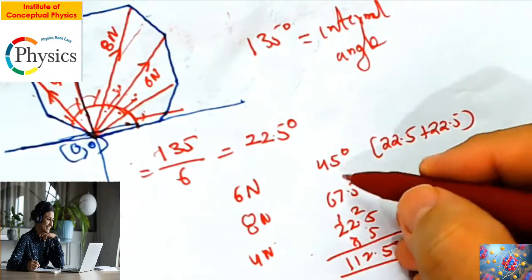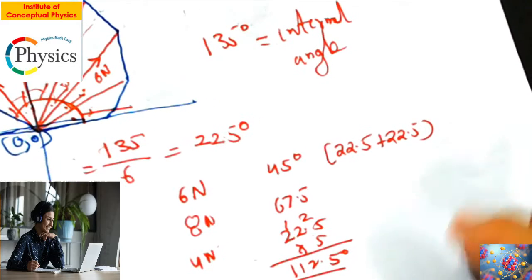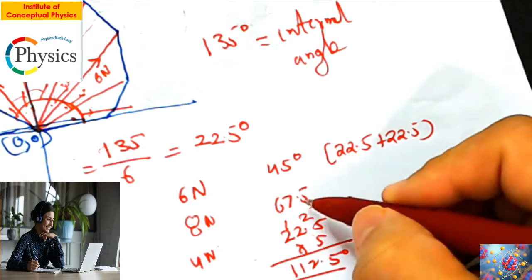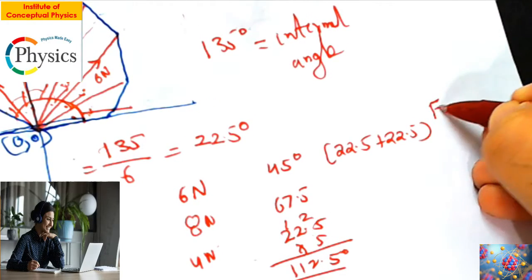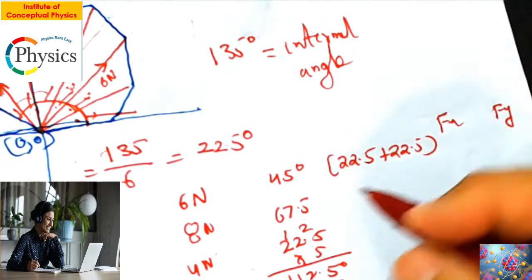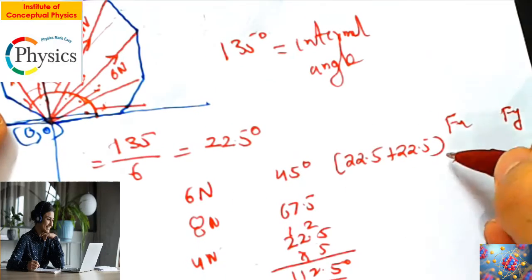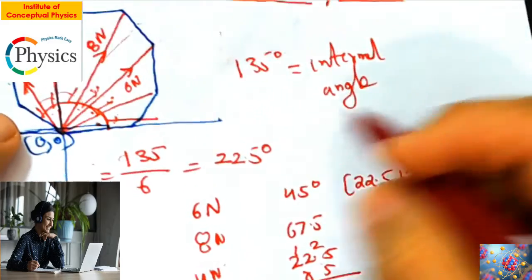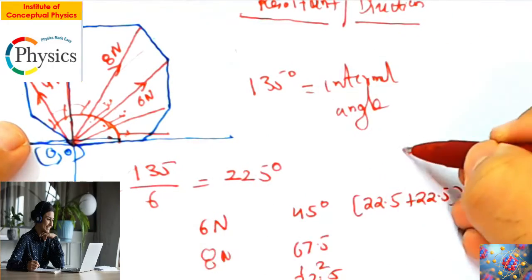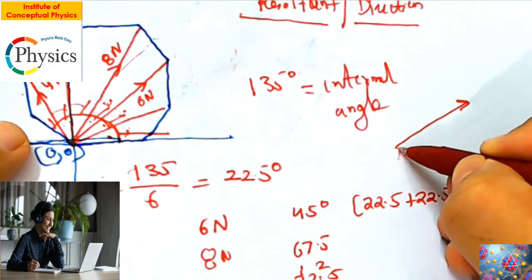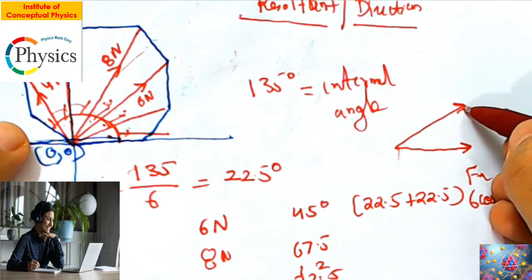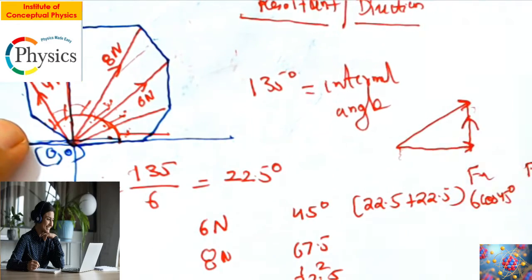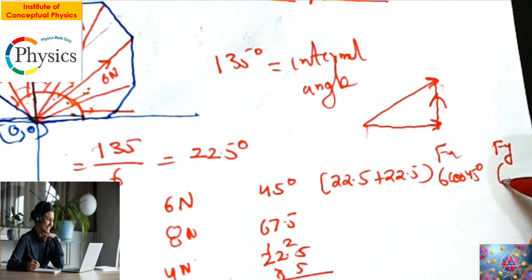What you're doing now as a strategy is splitting these up into x and y components. So you can write the x component of the force, and you can write the y component of the force. Pretty straightforward. So this is 6 cos 45 degrees, and you can see 6 is getting split like this, towards the positive x-axis and towards the y-axis, so this is your 6 sin 45 degrees.